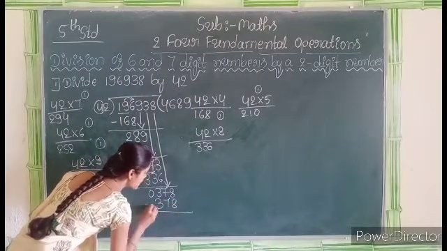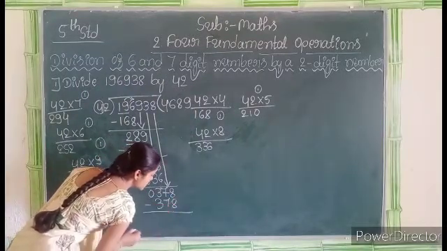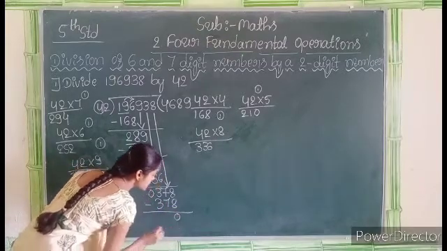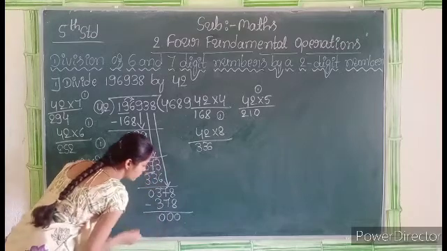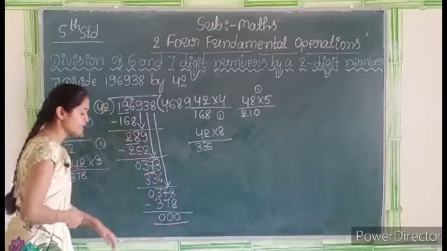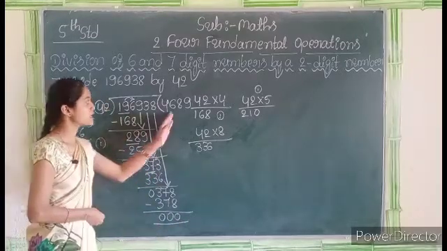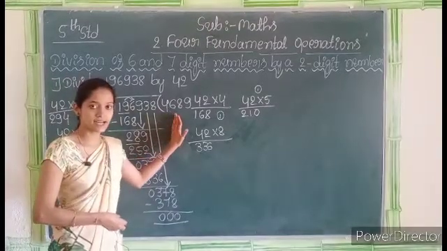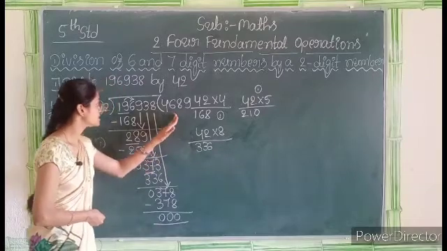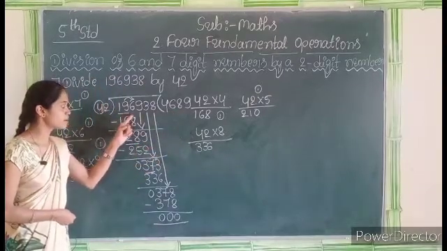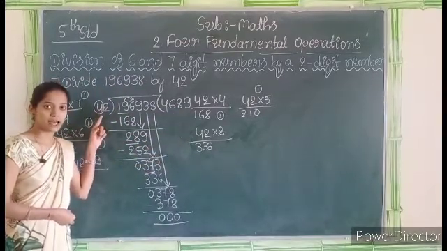Subtract this 378 from 378. 8 minus 8, 0, 7 minus 7, 0, 3 minus 3, 0. We get remainder as 0 and quotient as 4689. Like this, we can divide a 6-digit number by a 2-digit number.